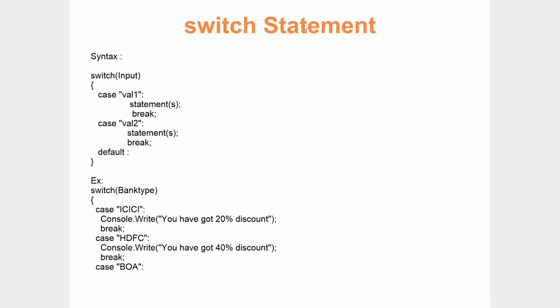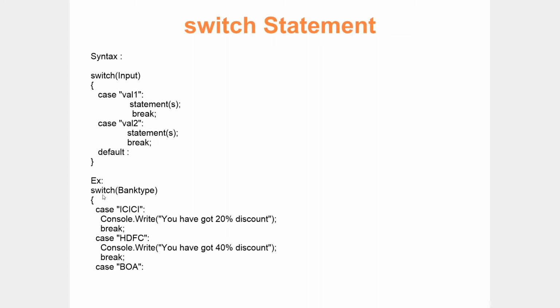When it comes to switch, you don't have to write that if so many times. You just need to define a case to validate each scenario. To validate each bank, just define a separate case rather than defining a complete separate if statement.